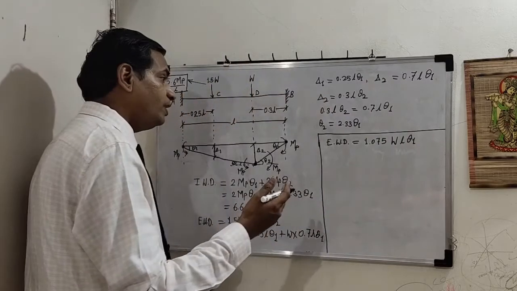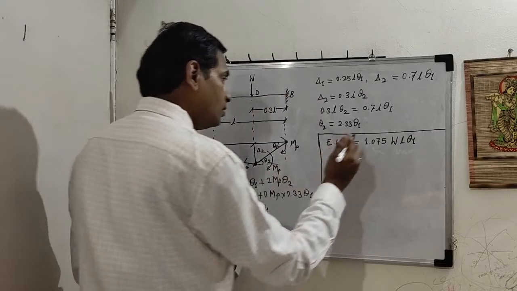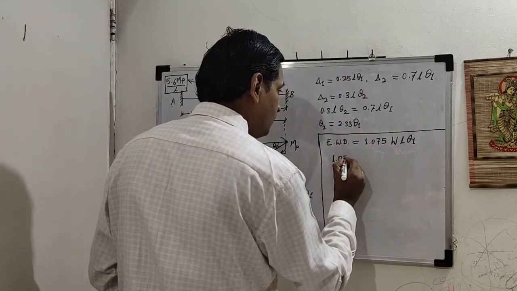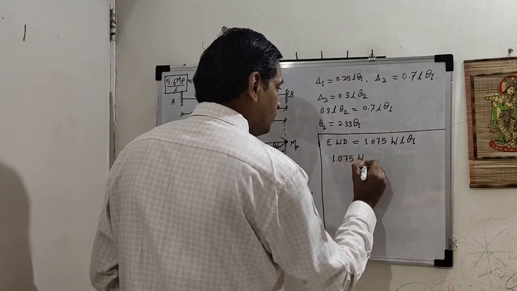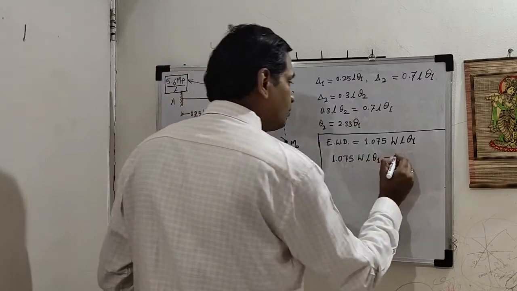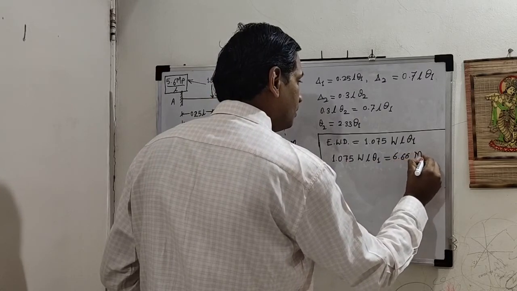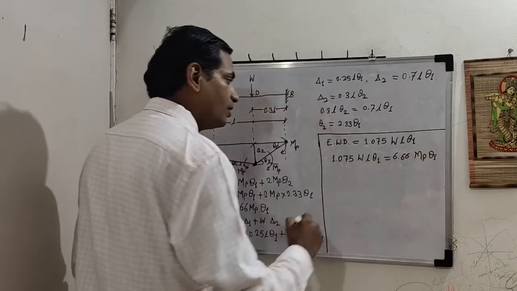Okay, now we will equate external work done to internal work done. So 1.075 WL theta 1 is equal to 6.66 MP theta 1.